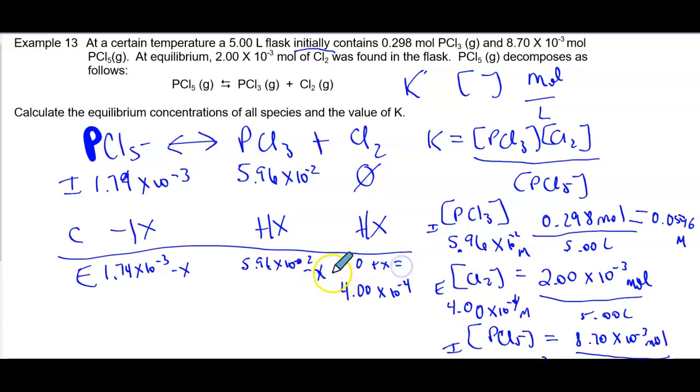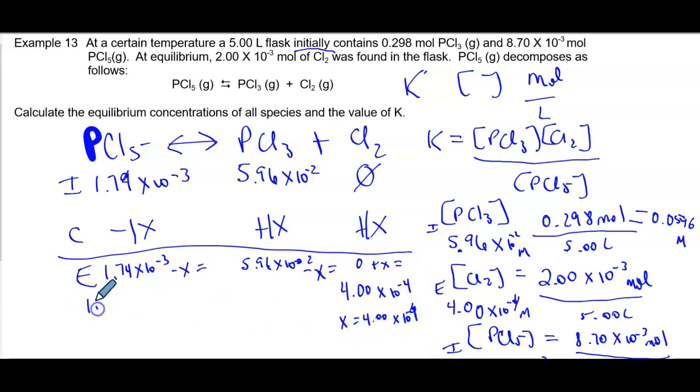So all of these are going to be solved for. Now, I have to know what x is to get any of these. But if you notice this value right here, 0 plus x equaling this, then we know x equals 4.00 times 10 to the negative fourth. Okay, so now we know x here.